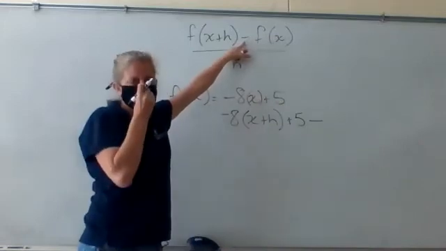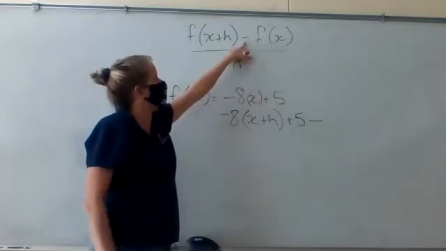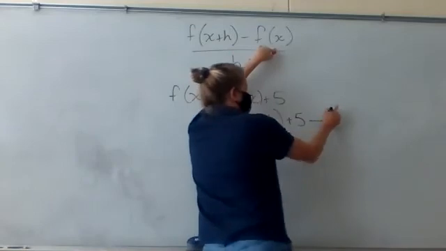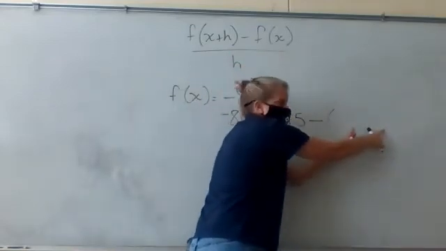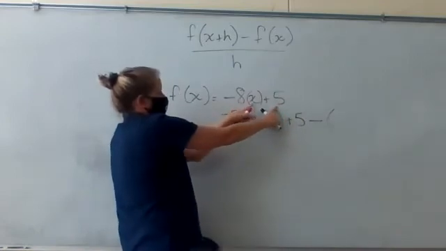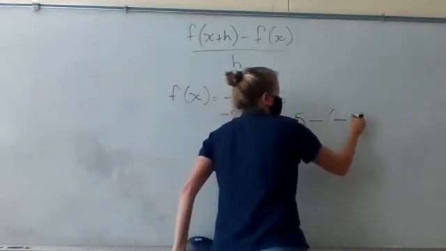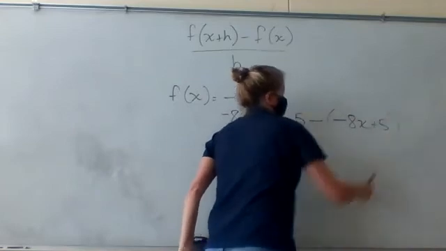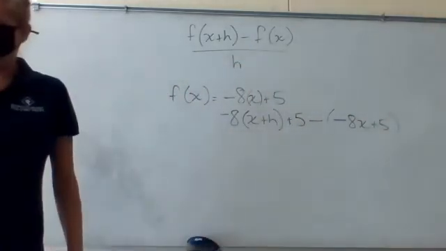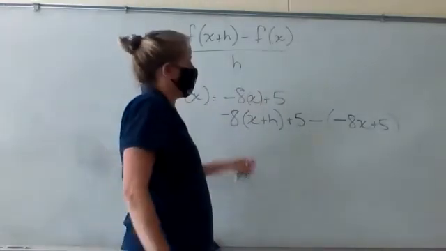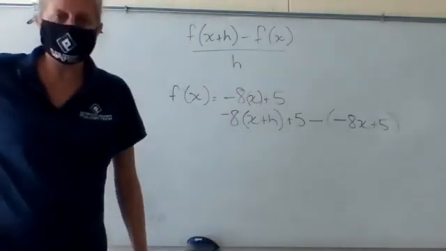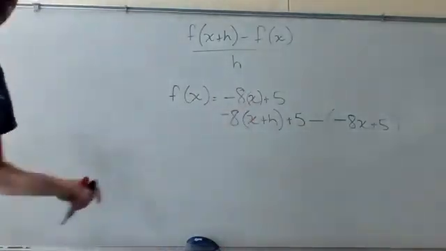Minus, because that's what the quotient says. Then in parentheses, you just rewrite the function. This whole function, -8x plus 5, comes in that parentheses. The denominator is going to be an h, but I'm going to throw that in at the end after I simplify what comes up top.